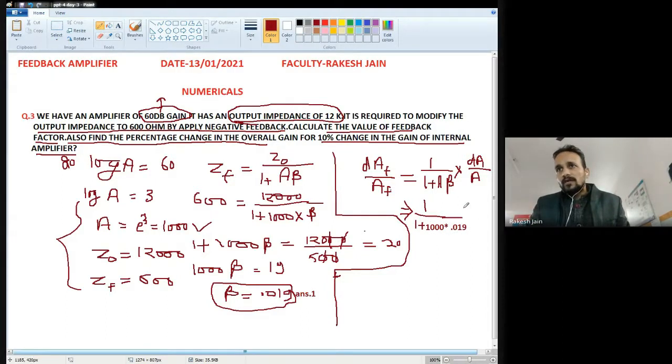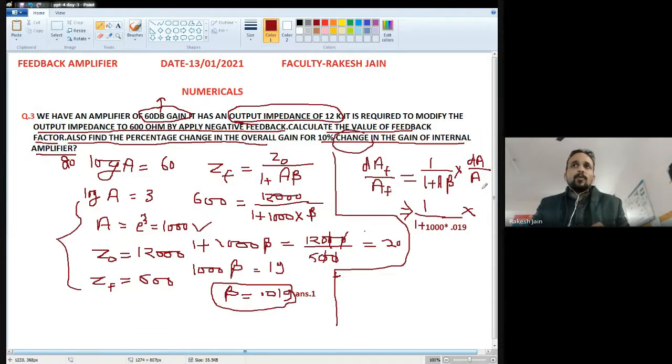Multiply by, now see very carefully, dA upon A. For 10% change in the gain of internal amplifier. Internal amplifier gain means gain without feedback. So the gain without feedback change is given. Change means variation.